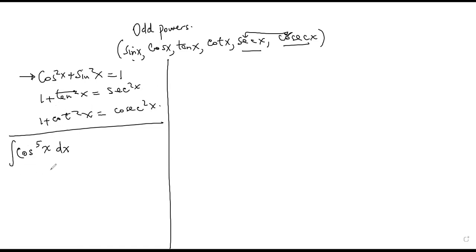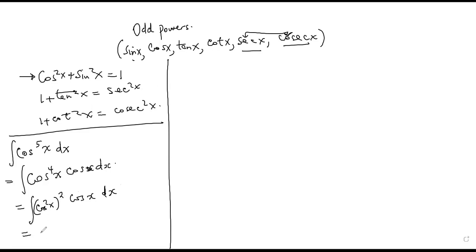So when you're integrating such, this is the same as the integral of cos power 4x times cos x dx. So this is the same as cos squared x, then squared, times cos x dx.